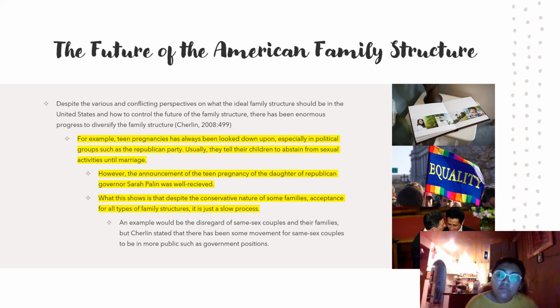So again, that kind of shows that the ideal American family structure really depends on the context, the factors of religion, politics, and social morality, but also whether individuals themselves can see family units in high positions of power, such as that governor, who is a lesbian and who just got elected this week actually. If they're shown prominently within those positions, it's slowly going to become acceptable. It's slow progress, but it's going to get there.